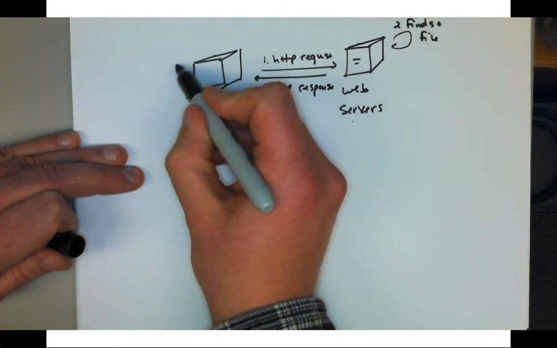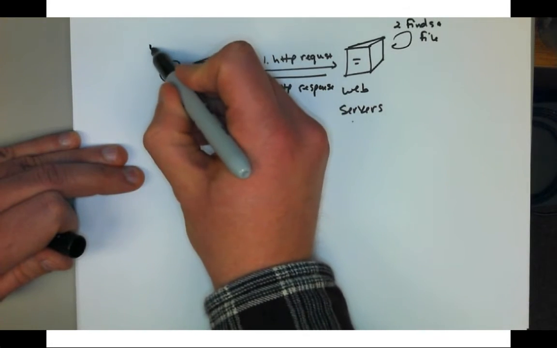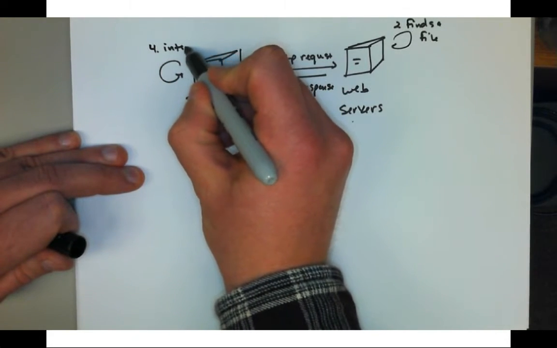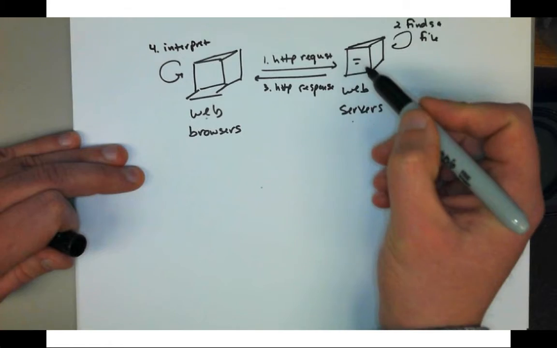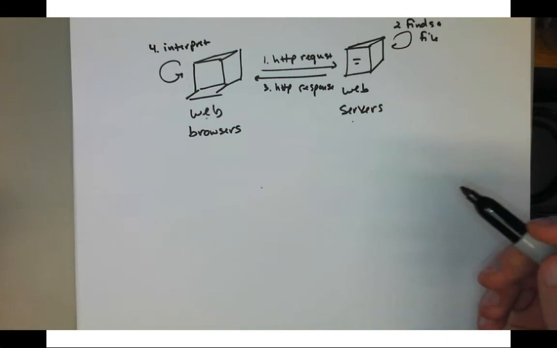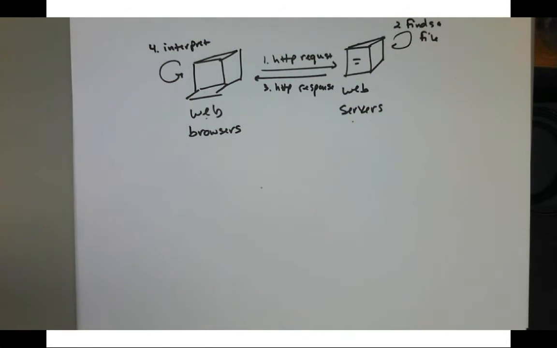Okay. And then what would happen next is the browser would interpret the contents of the file. So the contents of the file were HTML. And HTML is a language that allows you to specify how you want things drawn on the screen.